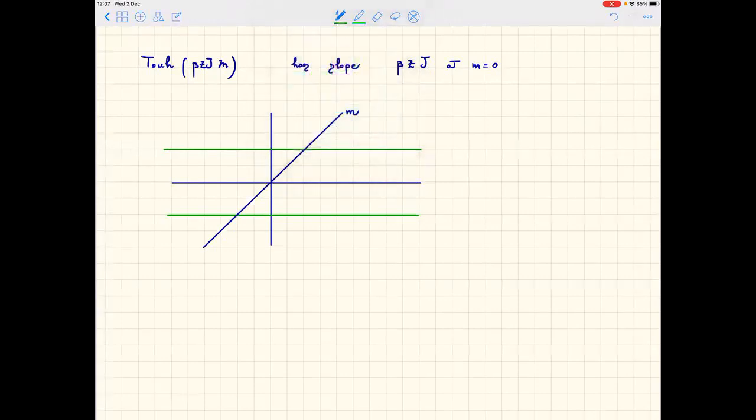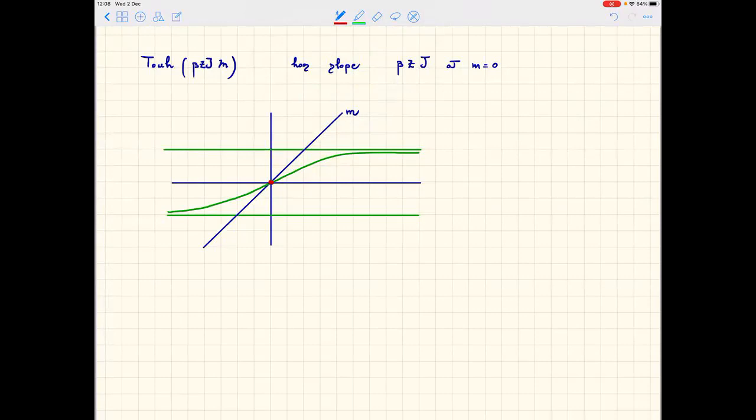The slope can be smaller than 1. If the slope at m equals 0 is smaller than 1, the curve will look like this, and therefore these two curves will intersect only in one point, at m equals 0. You agree?